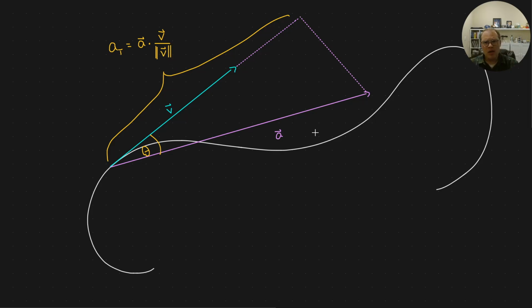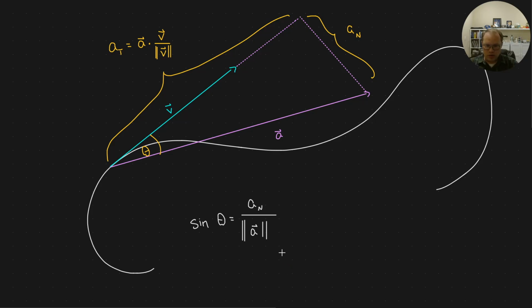What's going to be a little bit trickier is this component right here, which is the component of the acceleration orthogonal to the velocity. How much is the direction of the velocity changing? This is a sub n, and we're going to need a little bit of trigonometry here. Sine of the angle between my velocity vector and my acceleration vector is equal to opposite, a sub n, over hypotenuse, which is the magnitude of the acceleration vector.